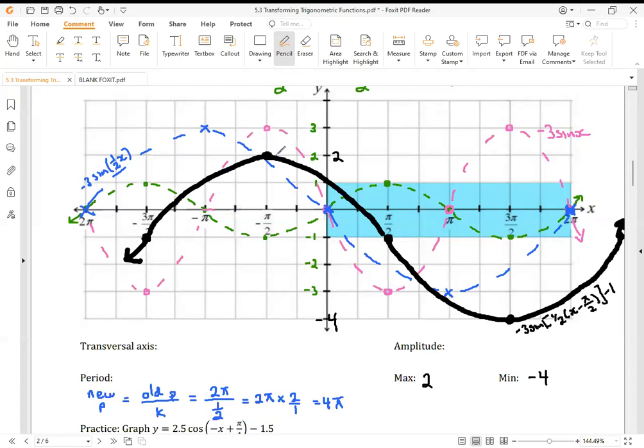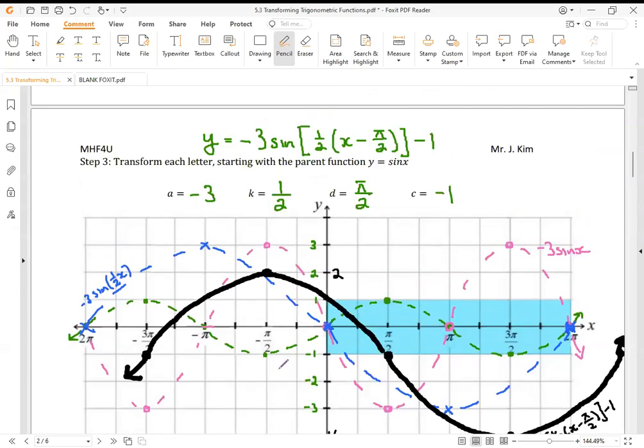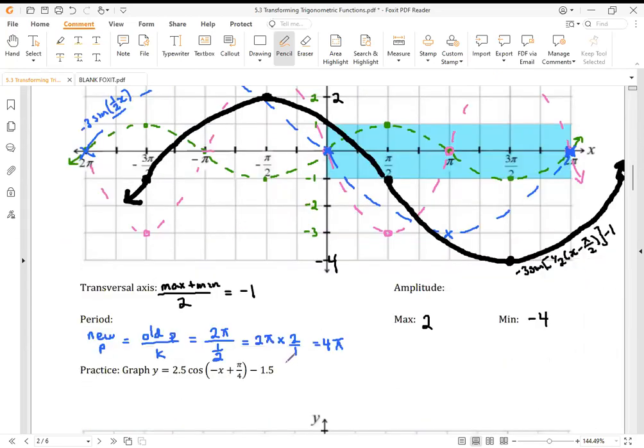You're looking for the average of the highest and the lowest so that you can find the middle. That is your max plus your min divided by 2, which is, in this case, negative 1. Interesting. Is there some kind of coincidence between the transversal axis and the equation? Chin scratch. Let's move on.